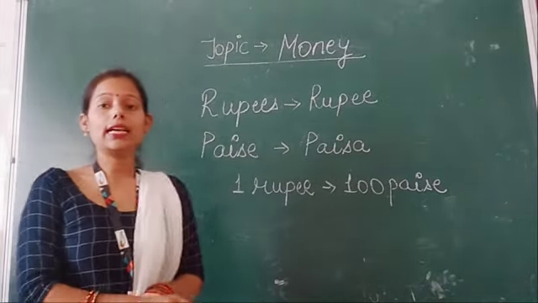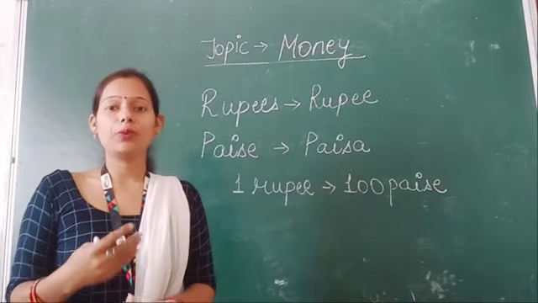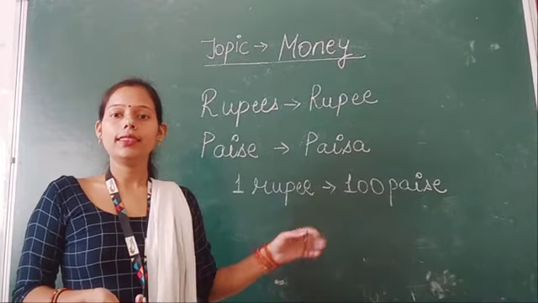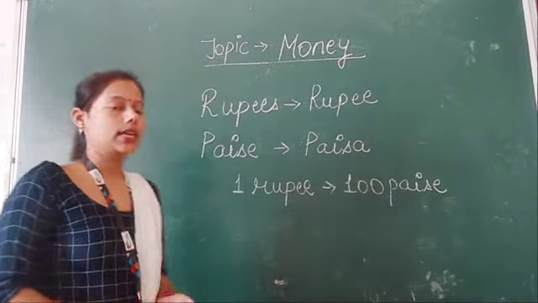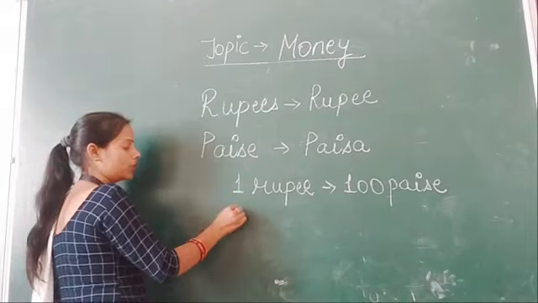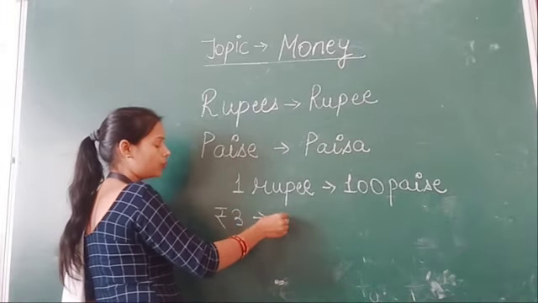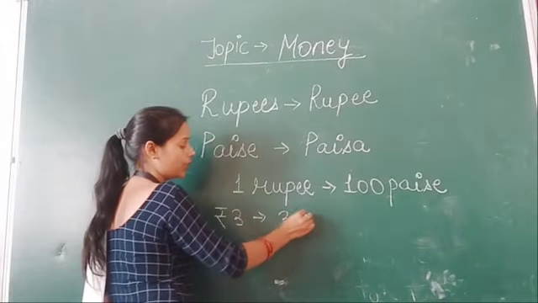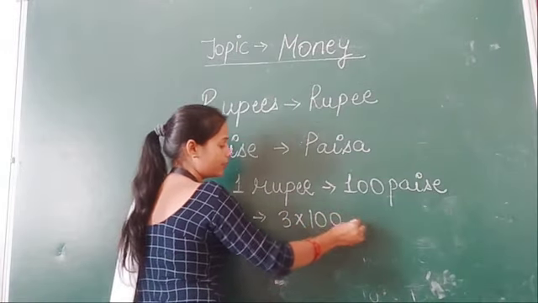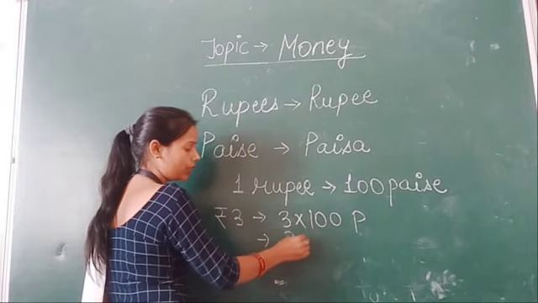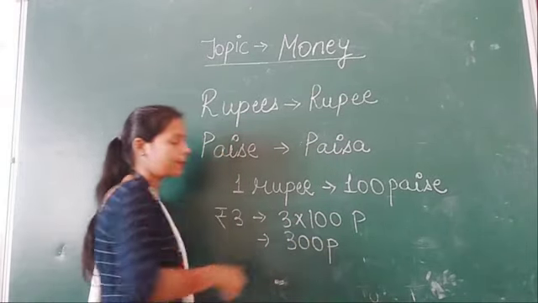Similarly, if we are going to convert any rupees into paise, what do we have to do? We multiply the given rupees by 100. Like if I am converting 3 rupees, what is the value of 3 rupees in paise? 3 into 100. We will denote paise by p. So 3 into 100, 300 paise.